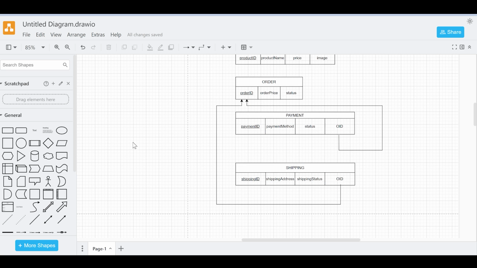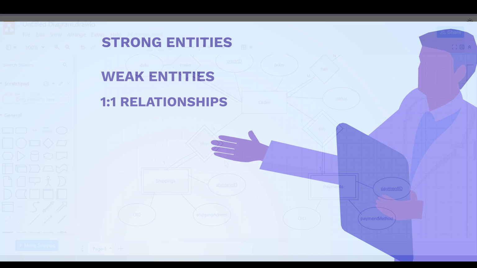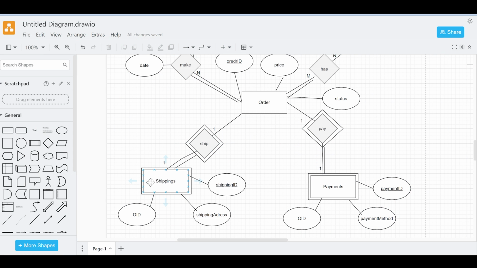So we linked them. The third rule in our hierarchy is that we map one-to-one relationships, we put the foreign key in the total participation table. We have here the order-shippings relationship. Shippings is total participant in this relationship. So we put the foreign key of the order in the shippings table. Then we link it with the primary key of the order.